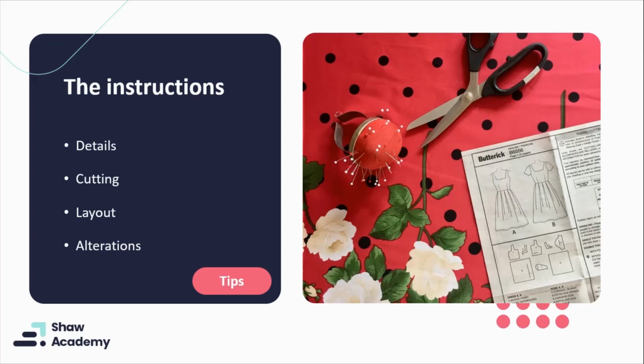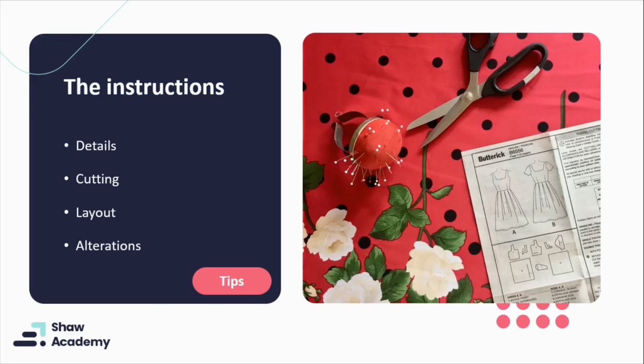The pattern layout shows you how to lay your pattern out for each view. The pattern pieces, as you see in the image, are labeled by number, which will come in handy when you work with them as it will match the number on the pattern. It will also tell you which pattern pieces to use for which view.